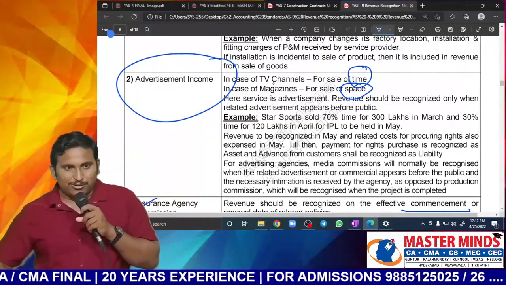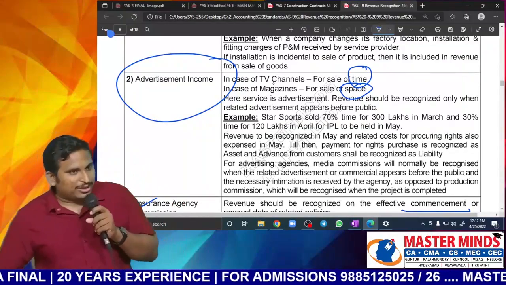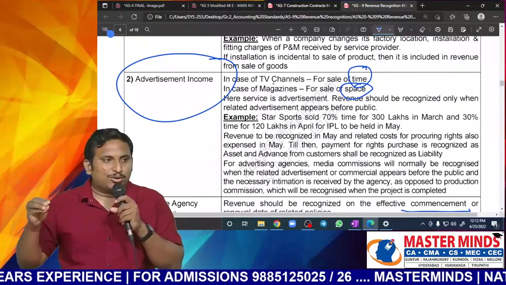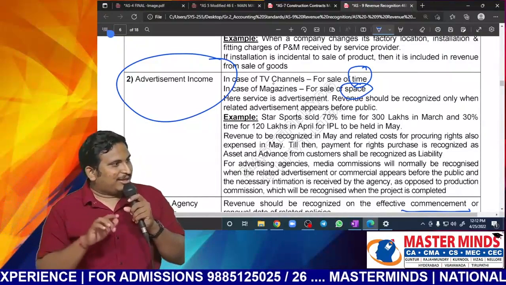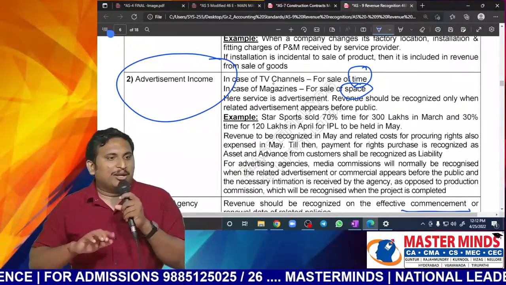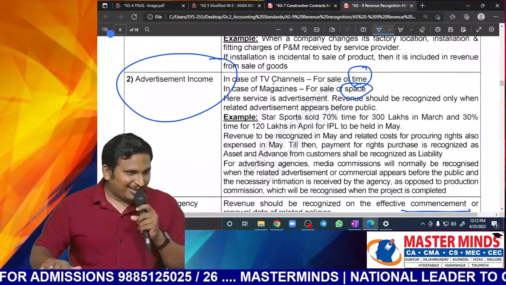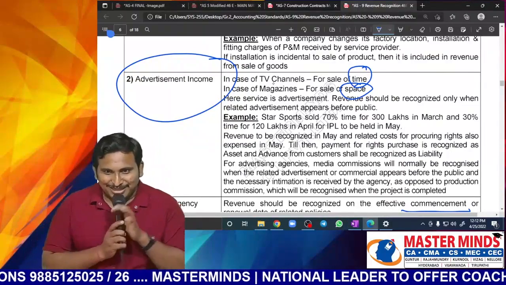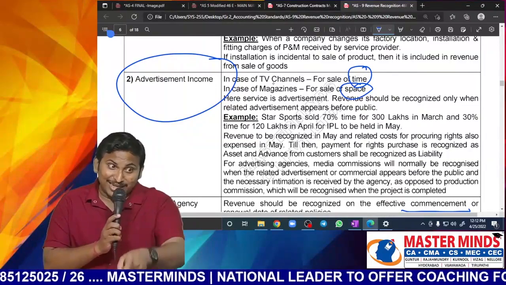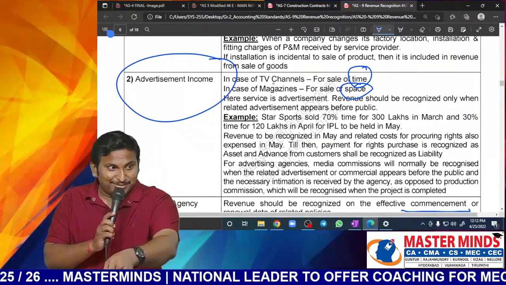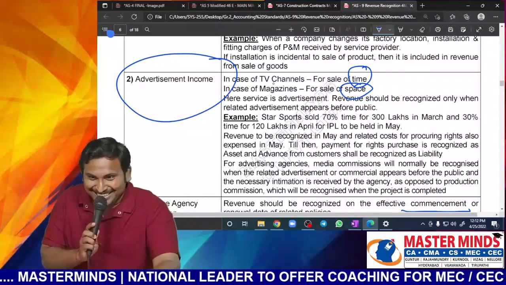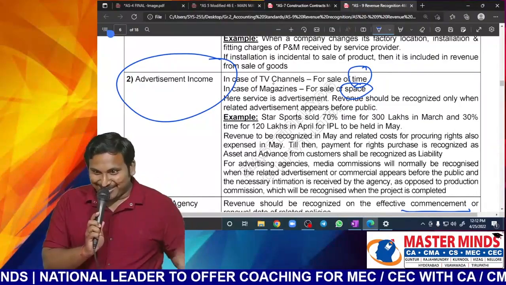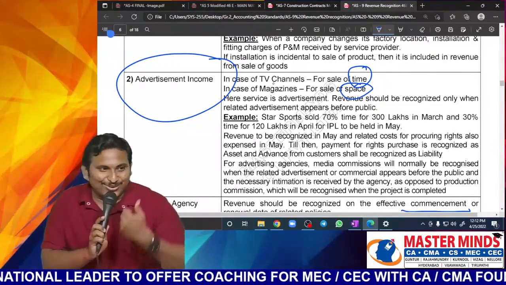Suppose I have paid huge money, sir. Let us say this week ending, Narendra Modi ji has thought to make a big announcement. He has mentioned on Twitter, coming up a big announcement this Sunday. Now usually what will happen, sir? For TV channels, there will be companies who will be advertising. At prime time, when Modi ji is telling something, the currency ban or something else, you give my advertisements that slot, so take this much amount.